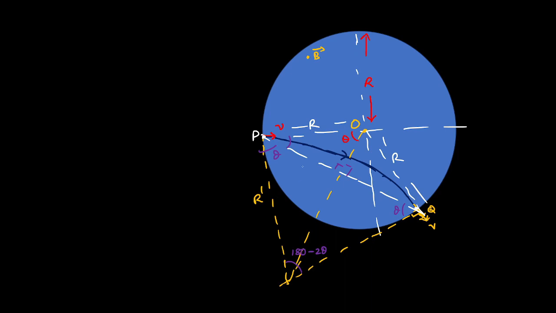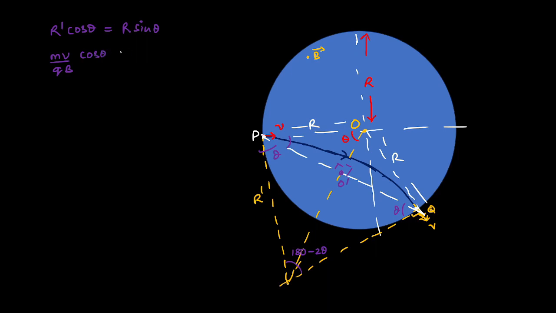Now, if we consider all these ideas, suppose I name this one as O dash, right? So P O dash, that is R dash cos theta, which is equal to R times sine theta, just from geometry, okay? So R dash is nothing but mv by qB.